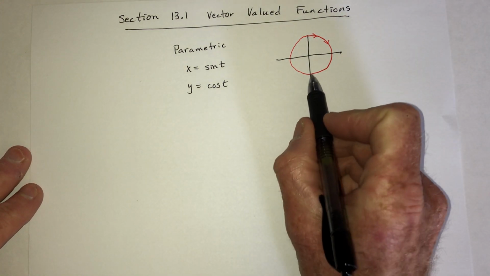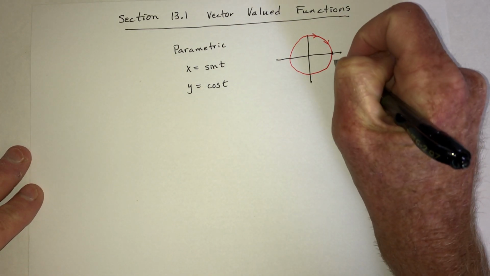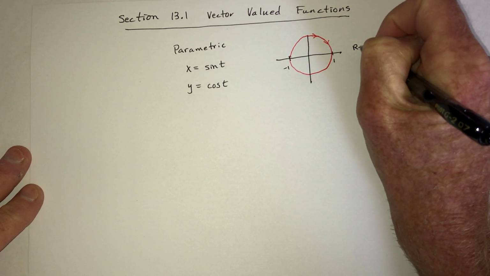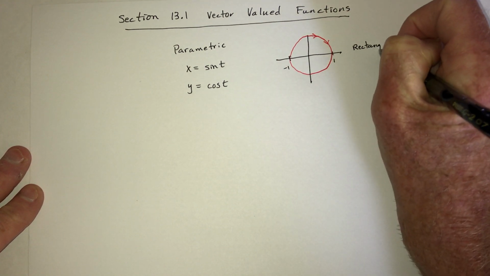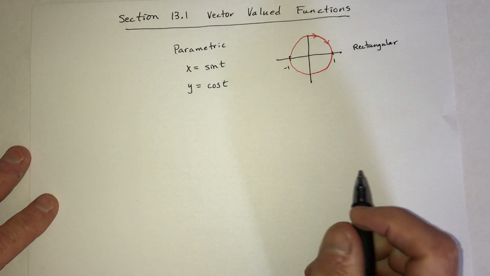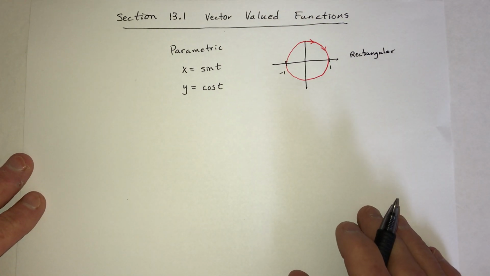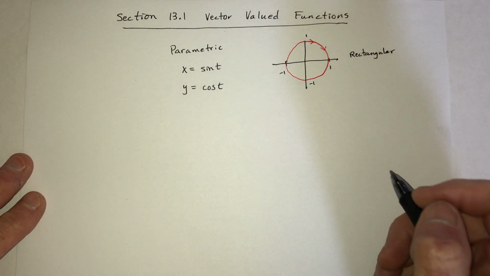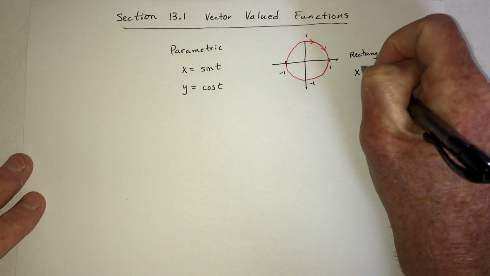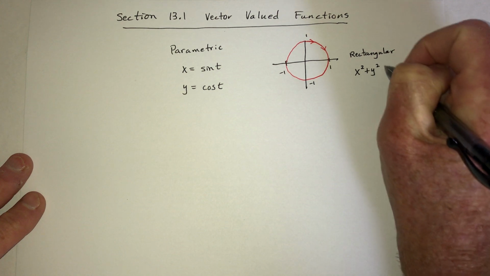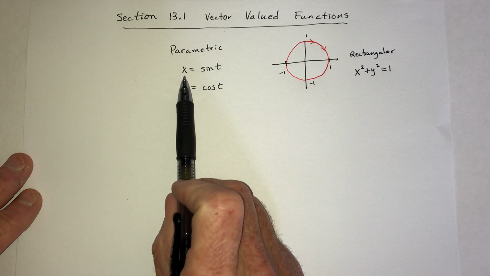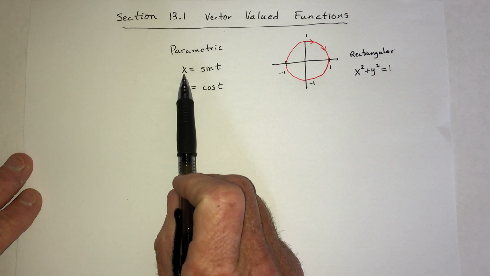Now, what if you wanted this in rectangular coordinates? Rectangular coordinates means good old x and y. Well, because this is a circle with radius 1, I know that the equation is x squared plus y squared equals 1. Or I could have gone over here and squared both sides.